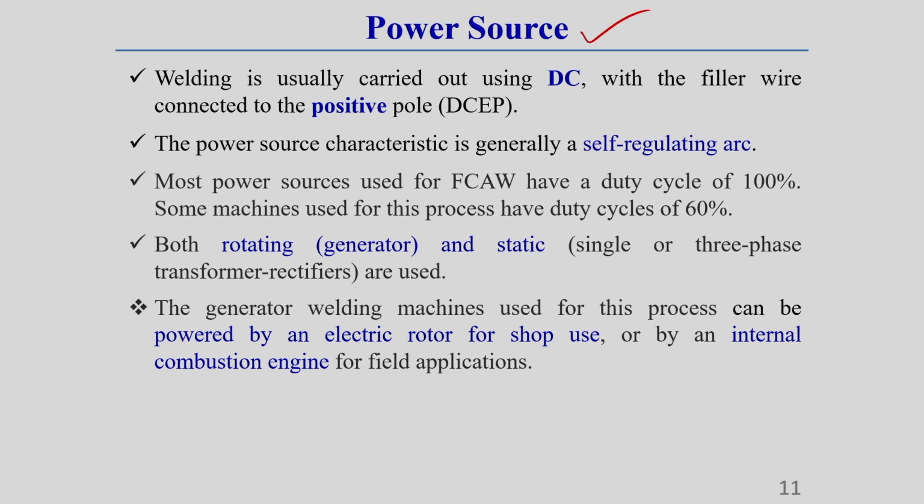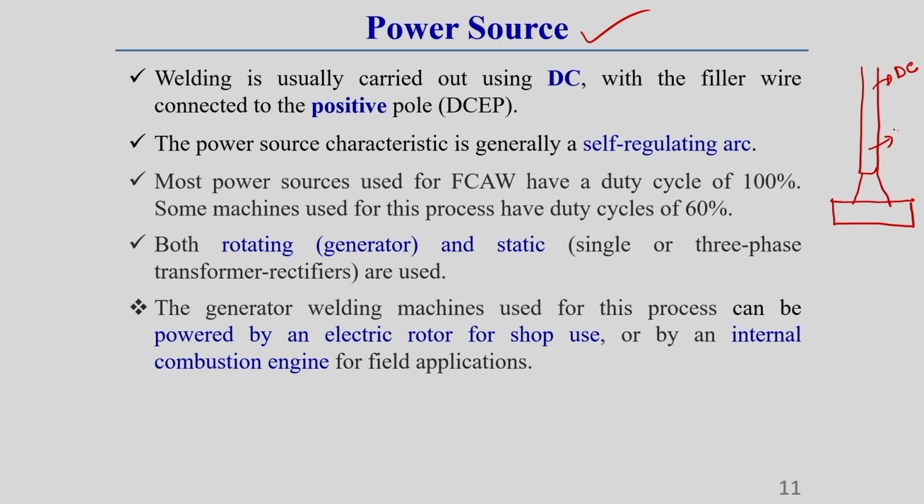In this welding technique, as it is a consumable electrode welding process, first of all a DC power source is used, and as it is a consumable electrode, more heat should be generated in the electrode, correct?